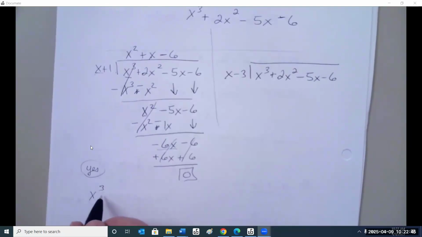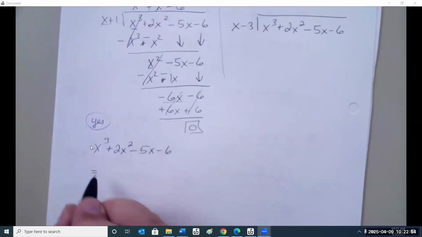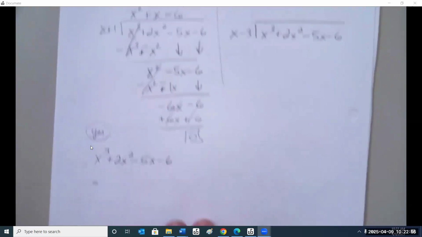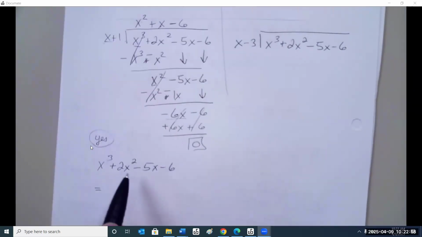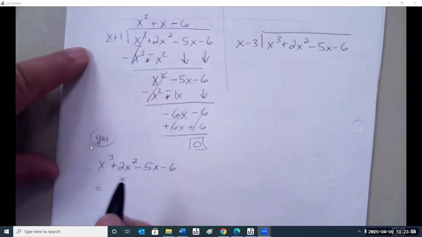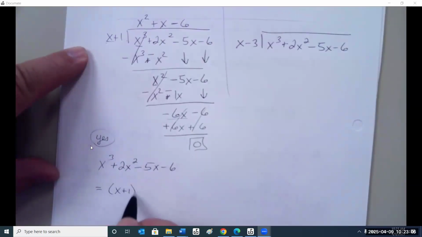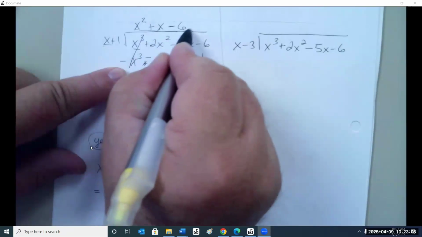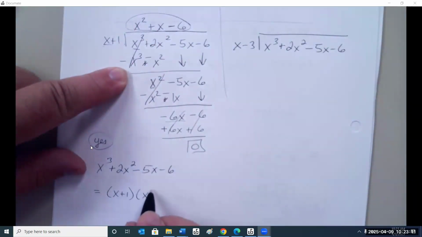So we know that x cubed plus 2x squared minus 5x minus 6 has factors x plus 1, and then whatever's on top: x squared plus x minus 6.